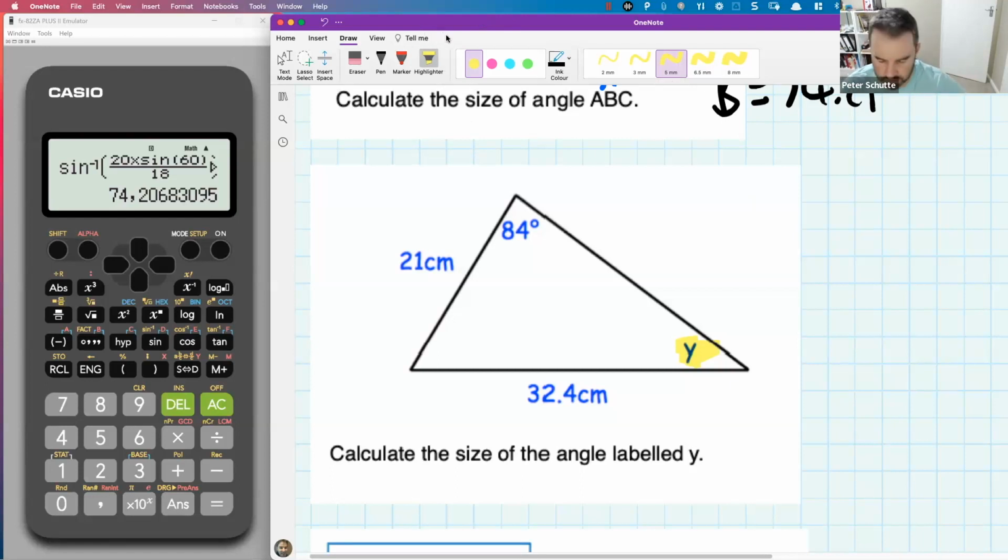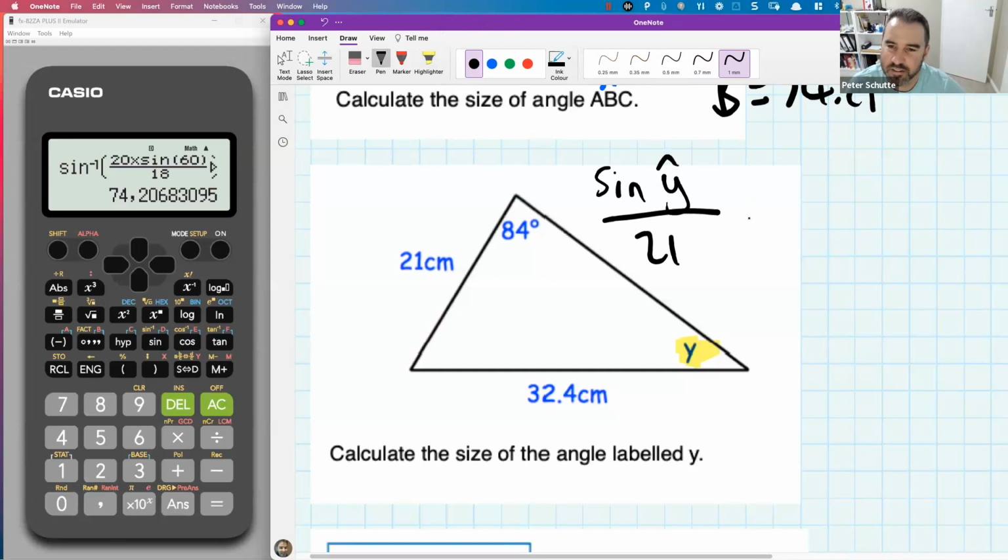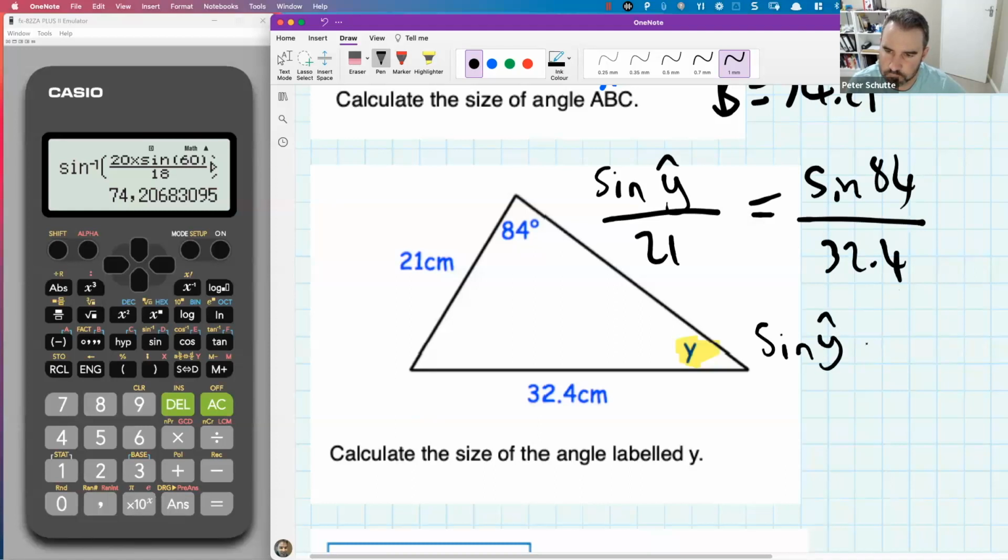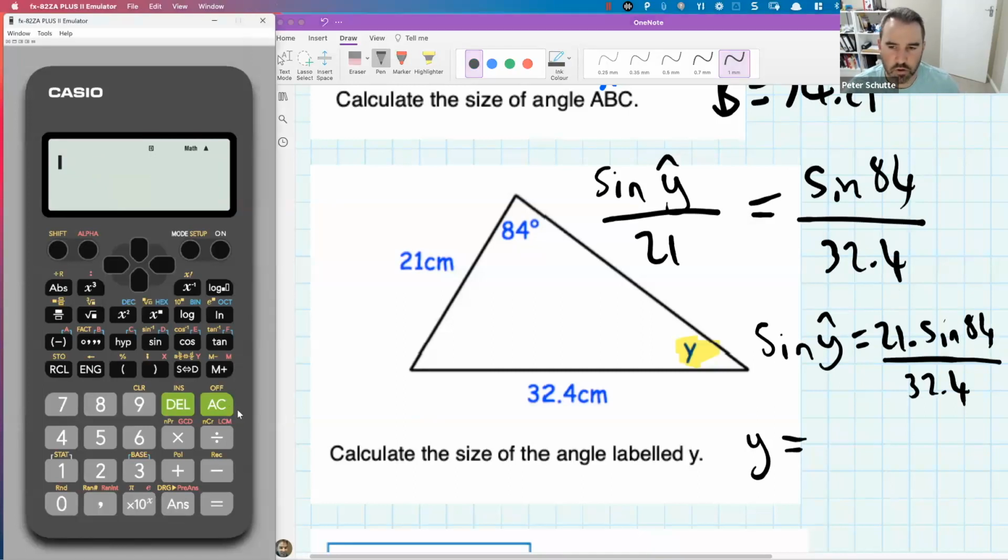Pop those answers in the chat there. Okay, now you can't just write y, you actually have to write the sine of y. And then we write... so I'm not writing in the inverse sine here, but that is the step that you need to do.